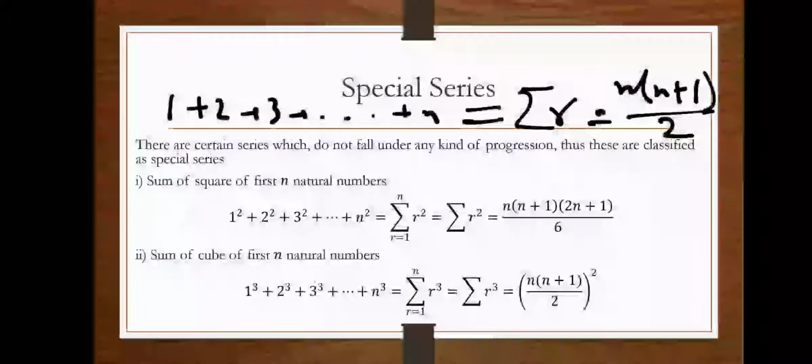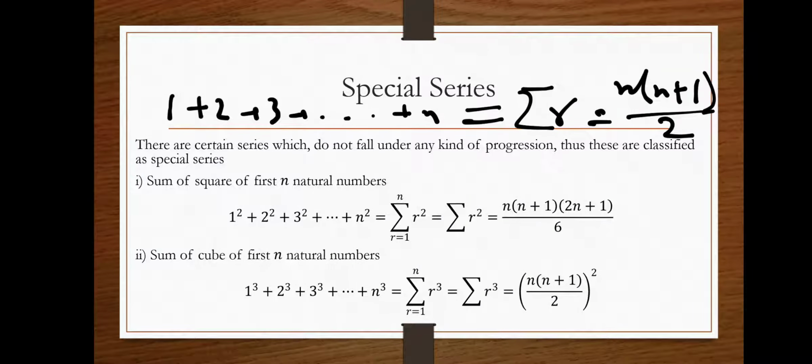Now this shouldn't be called a special series, because it is actually an arithmetic progression, and you already know the value of this separately. But these two are definitely special series, because they do not fall under any category of progression or any other kind of series that we know.